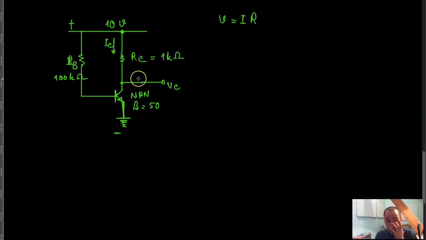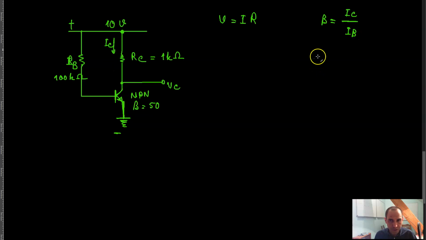So in order to calculate I of C, I can basically use the relationship between the base current and the collector current of the transistor, which was beta is equal to I of C to I of B, right?